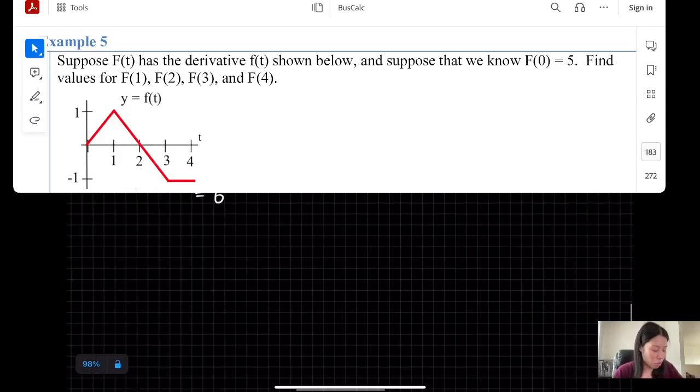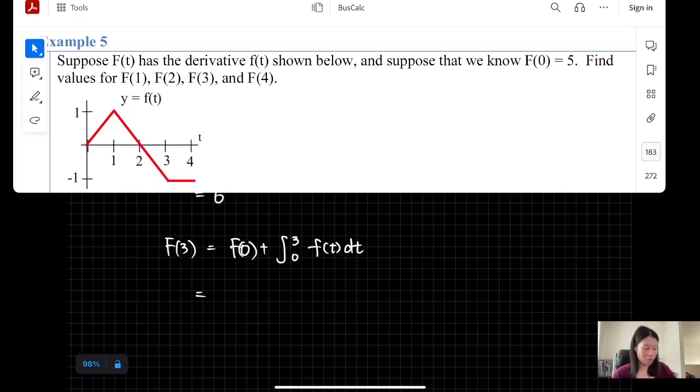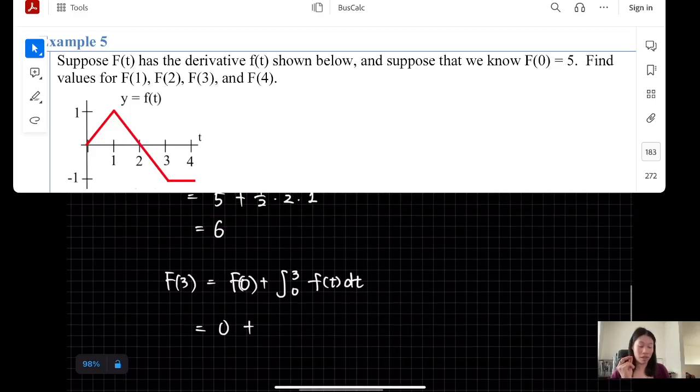All right, so what about f of 3? For f of 3, we use the same method. We have the integral from 0 to 3 of f of t dt. From 0 to 3, they have two parts. One is the positive region, which is what we got earlier, the upper triangle. The other one you can think of as a lower triangle.